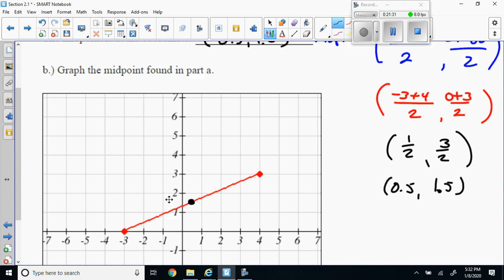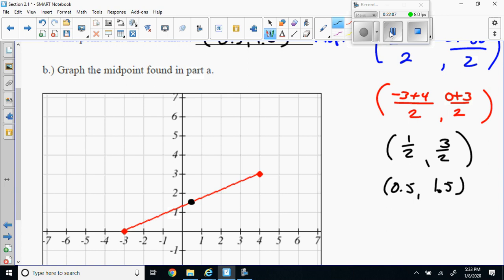Rise and run. 1, 2, 3. 1, 2, 3, 4, 5, 6, 7, right? What's half of 3? 1.5. Go up 1.5. What's half of 7? 3.5. Boom. Take your slope and divide by 2. That's all it is. Okay? So there. That was for free. Anyway, use the formula. It's good.